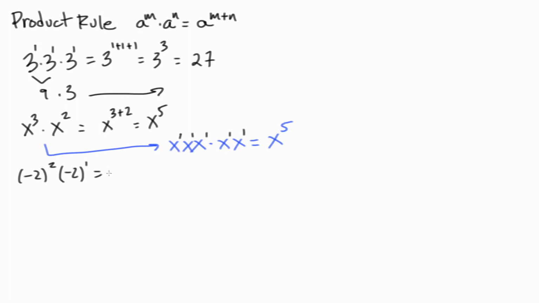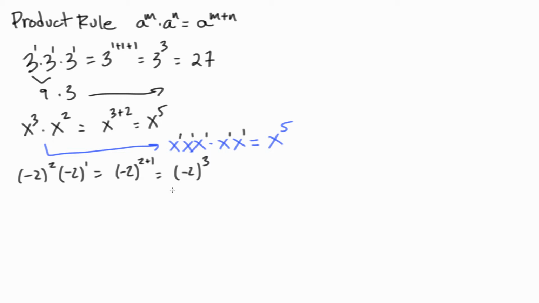So let's say again they tell you, hey, change this into exponent form or some exponential form, sometimes a simplify. Okay, so negative 2 is our factor, and we have 2 plus 1, so it's going to be negative 2 to the 3.